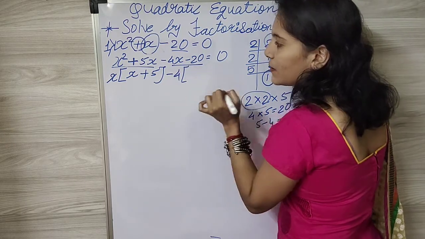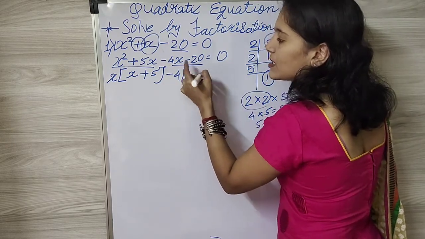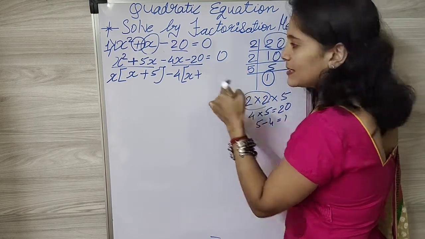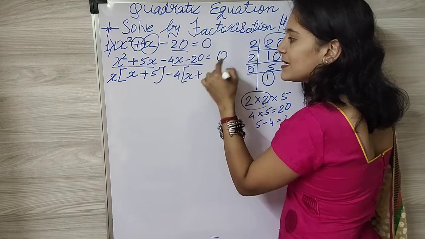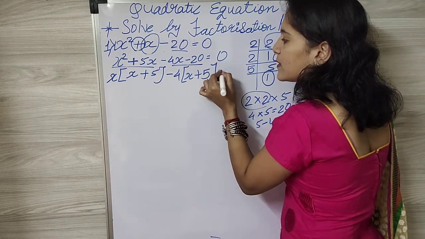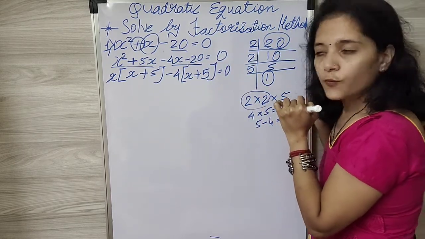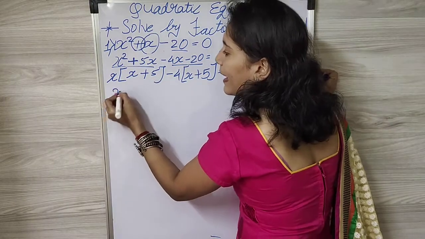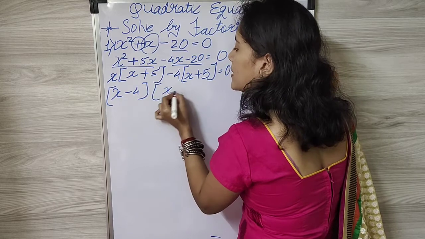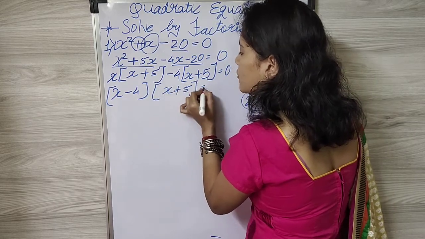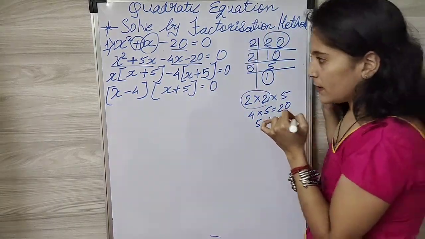Now what is left inside the bracket? x. This minus becomes plus. If 4 has been taken out, then what is remaining here? 4 5s are 20, so 5. Now we have x minus 4 and x plus 5 is equal to 0, right?